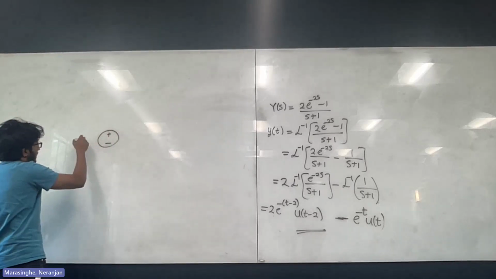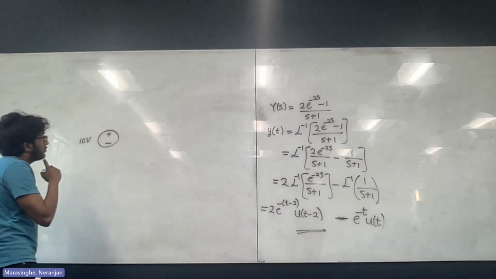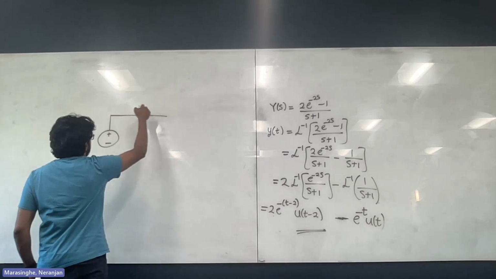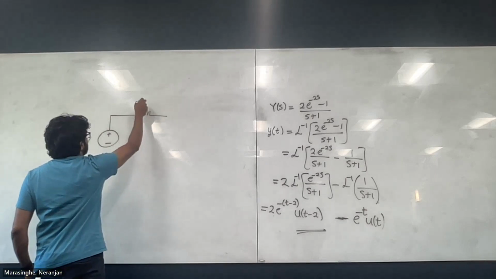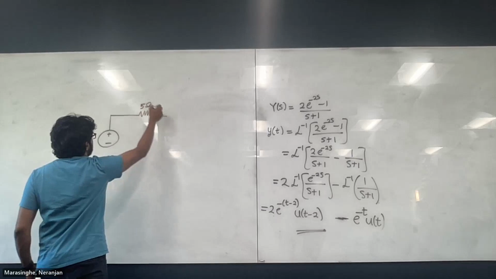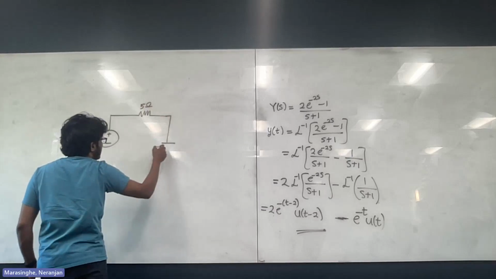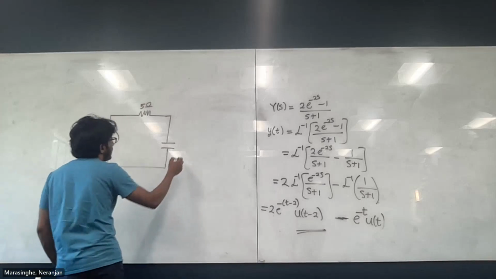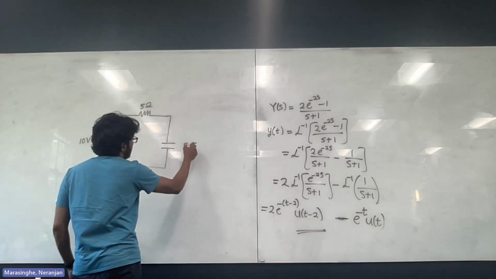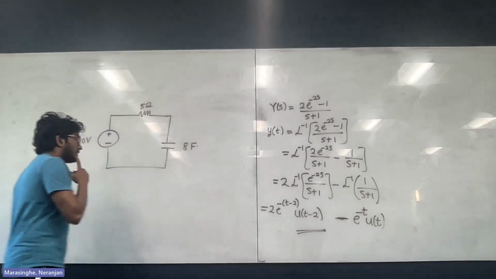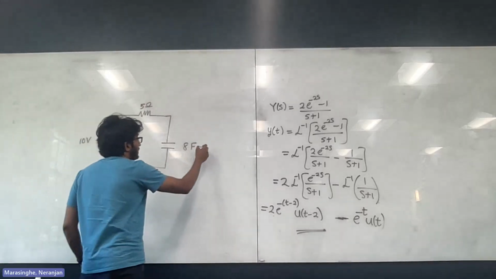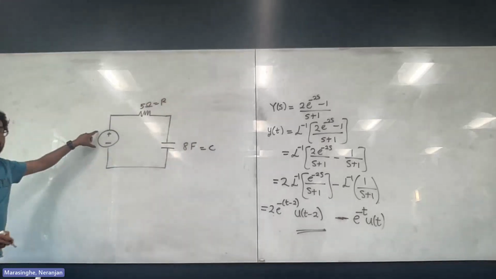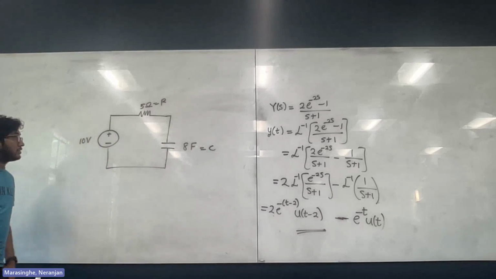This voltage is, suppose, 10 volts, and you have a resistor whose resistance is 5 ohms, and you have a capacitor whose capacitance is 8 farads. This is the capacitance, this is the resistance, and this is the voltage of your battery.